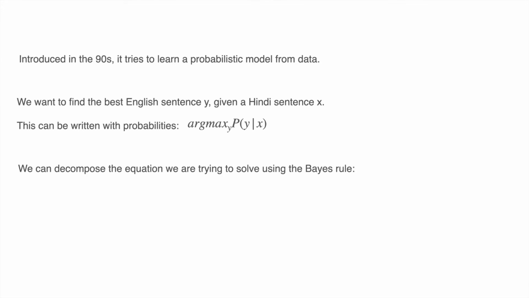Now we can decompose this equation using Bayes rule into probability of Y given X as probability of X given Y into probability of Y. Here probability of X given Y is called translation model and probability of Y is called language model.